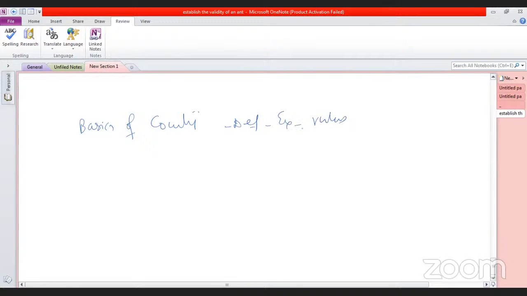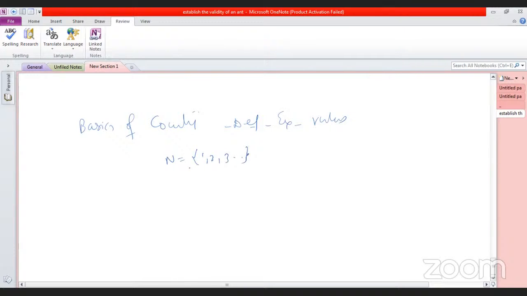We can use this in daily life also. The numbers 1, 2, 3 and so on are called counting numbers or natural numbers. This one we can count as usual. Therefore we can write the counting numbers as N equals 1, 2, 3, and so on.